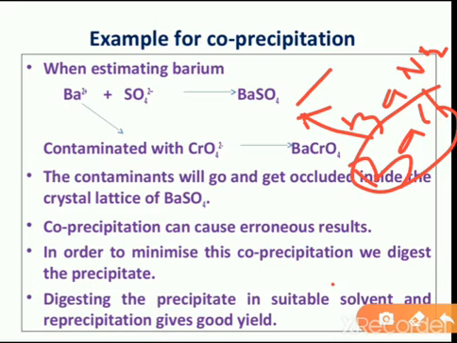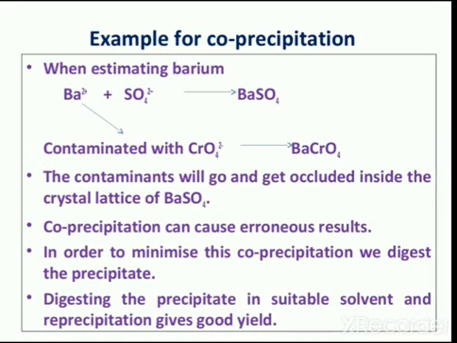This co-precipitation of the precipitate occurs due to the dissolved ions. So we can define co-precipitation again like this: it is the contamination of the precipitate by a second substance which is also precipitated along with the substance to be precipitated.